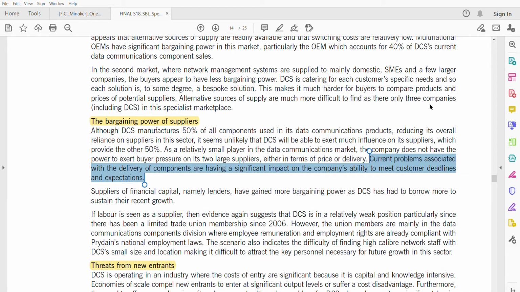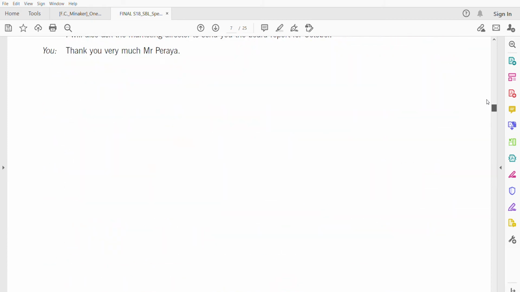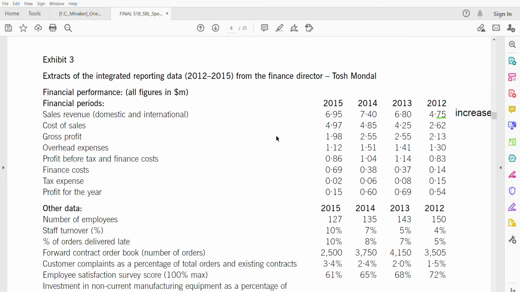How can you write like this when you haven't used the exhibits? That's why, don't just rely on one. This is not one-to-one. You have to use many exhibits to answer this. They are having current problems associated with the delivery of components. From where did they take this information? This is not in exhibit 1. I will show you. This is from exhibit 3, I suppose.